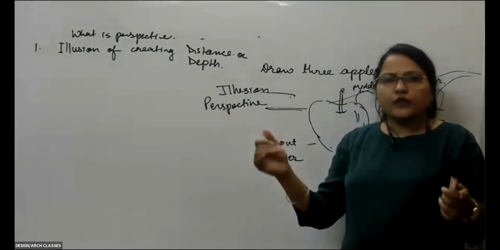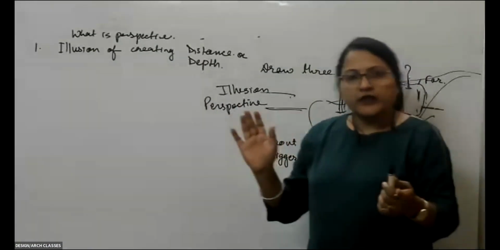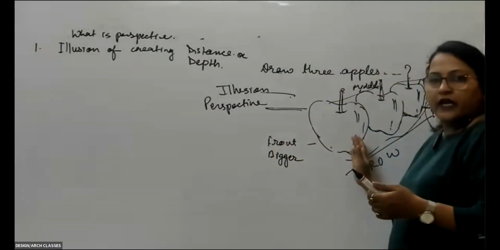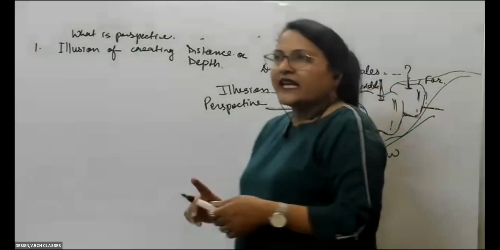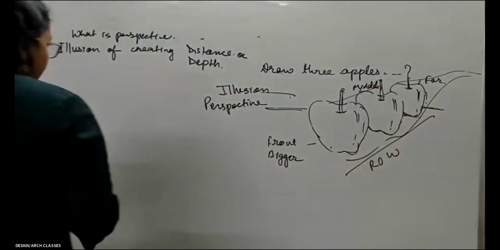Actual. जैसा जो दिख रहा है वो actual. ठीक है? It is an art of drawing 3D objects on 2D surface in the manner they appear.